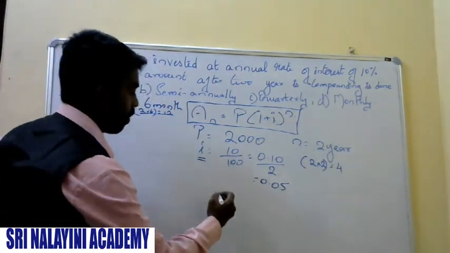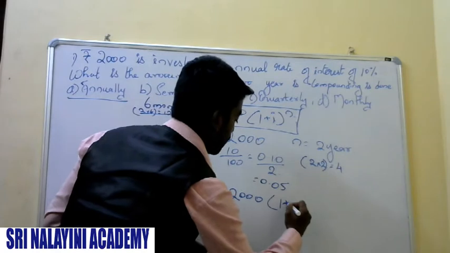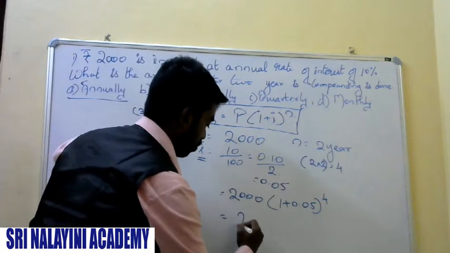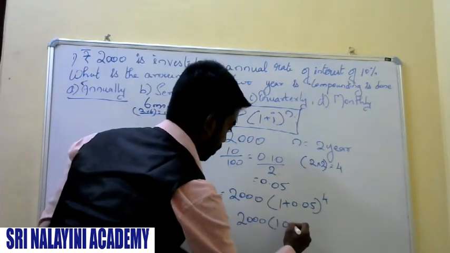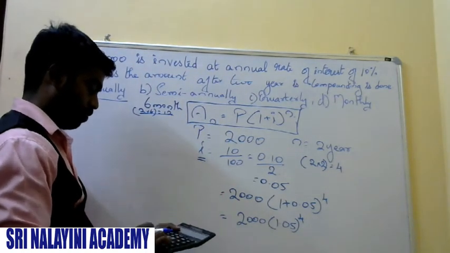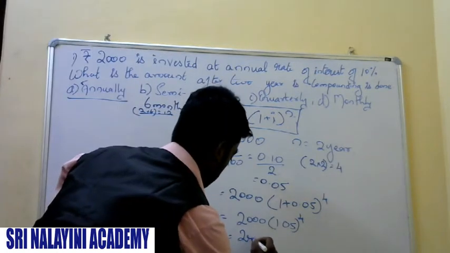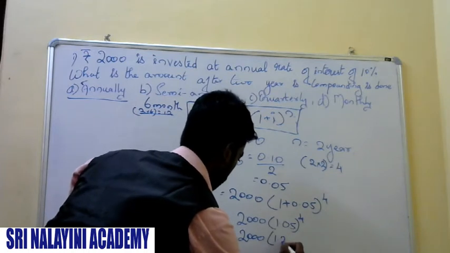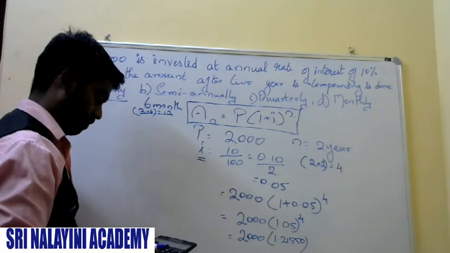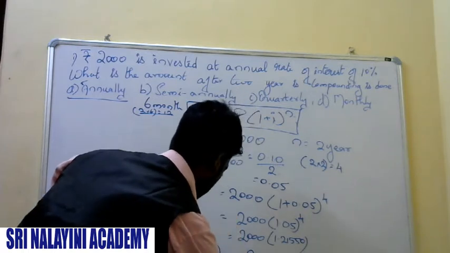So we have to insert the formula: 2000 into 1 plus 0.05 power of 4. 2000 into 1.05 power of 4. 1.05 into 1.05, and so on. The product is 1.21550 into 2000, which gives 2431. The amount An is equal to 2431.